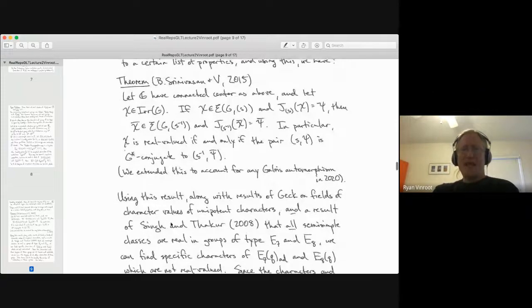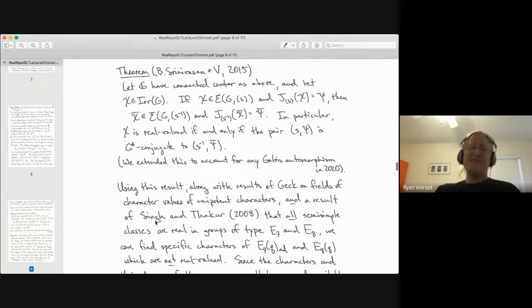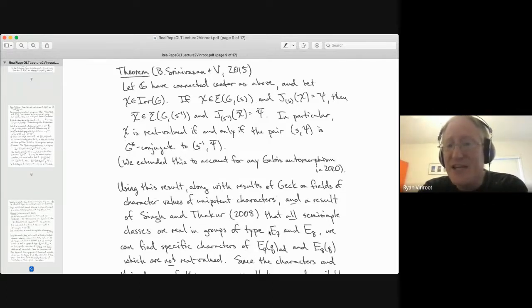So now what can we say? Well, in the same paper of Singh and Thakur, which was mentioned earlier, all of the semi-simple classes in types E7 and E8 are real. This is something that Dipendra mentioned earlier. For some of these groups, when you have -1 in the Weyl group, this is enough to say very useful information about the semi-simple classes.